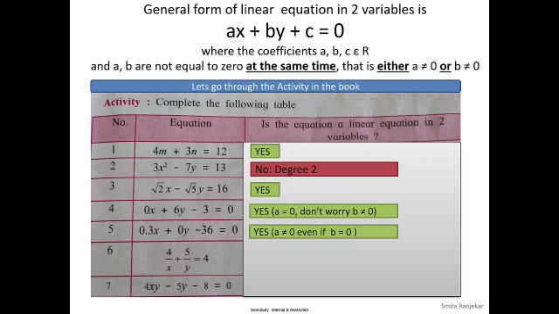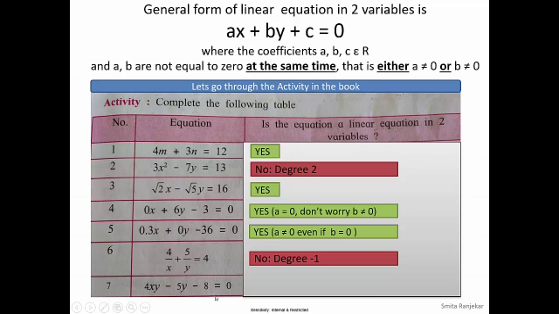Now see the sixth equation. 4 upon x plus 5 upon y is equal to 4. What is the degree of x as well as y? Yes, it is minus 1. Therefore, it is not a linear equation in two variables. Last equation, 4xy minus 5y minus 8 is equal to 0.